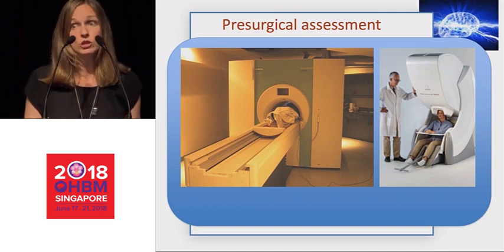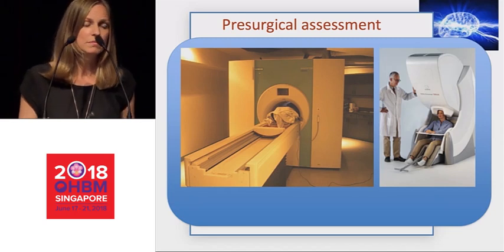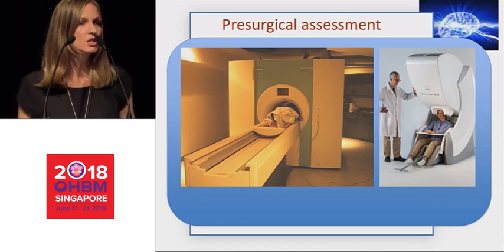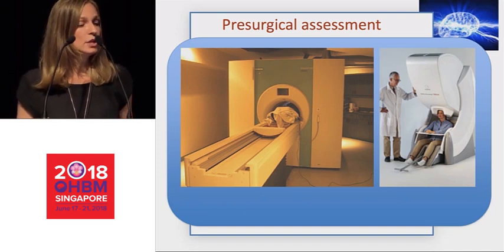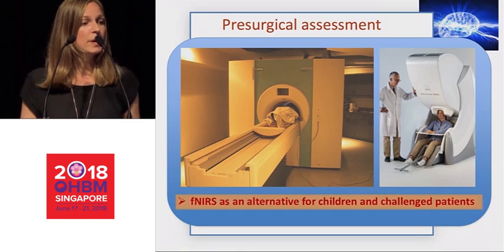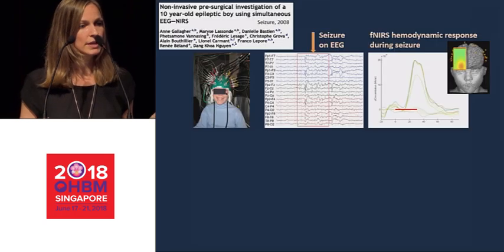However, although it works really well in adults, it's really hard to use in young children and in patients with moderate to severe cognitive and behavioral problems. So fNIRS has been developed as an alternative for children and patients with strong limitations.